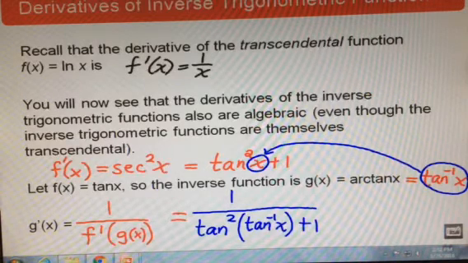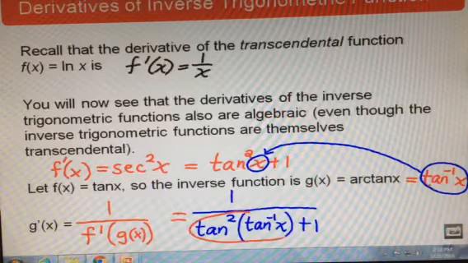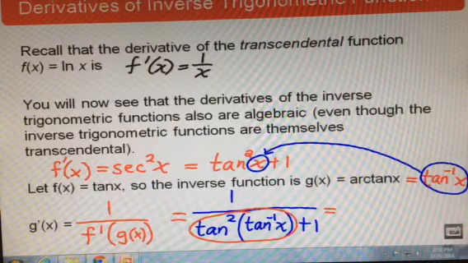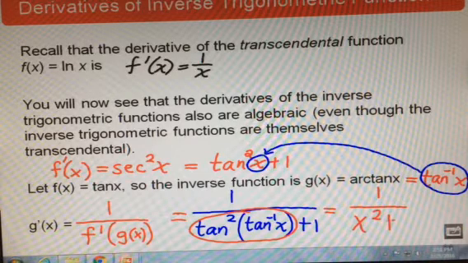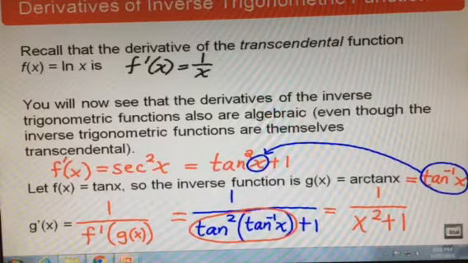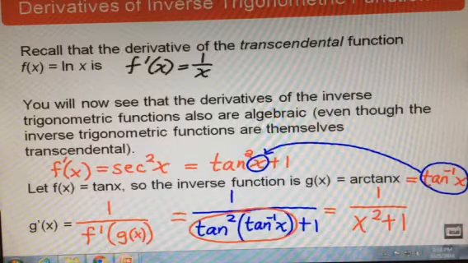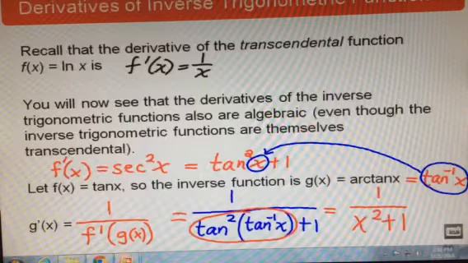Simplifying that further, this tangent squared of inverse tangent x just becomes x to the power of 2. And so we have this formula, 1 over x squared plus 1. So that is now the formula that we are going to use to find the derivative of inverse tangent x.